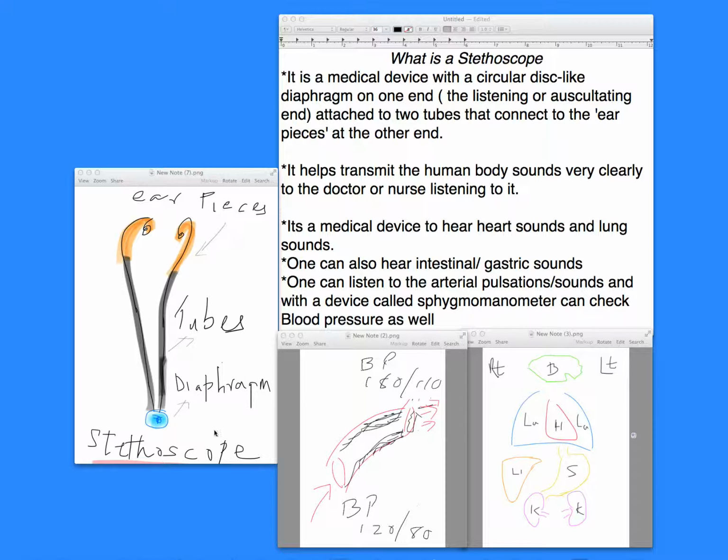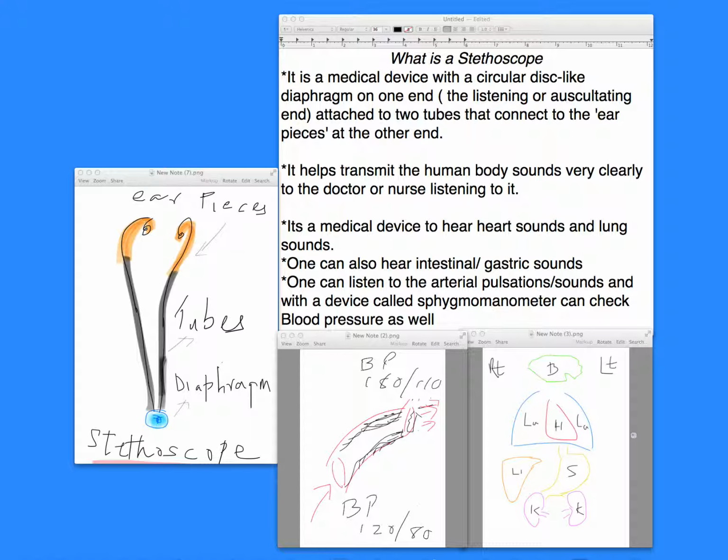If it's placed on the tummy, then one can hear the stomach sounds, and then, of course, lower tummy, you can hear the kidney artery sounds. And then on the arm or the forearm, one can hear the arterial sounds produced through the artery flow, and one can check blood pressure as a result.